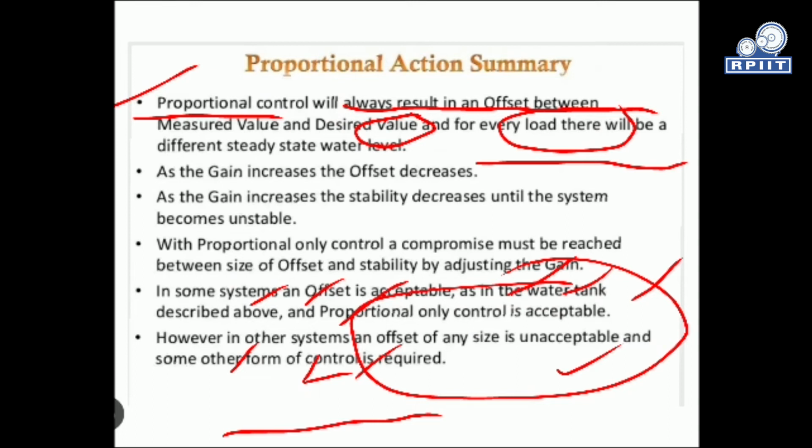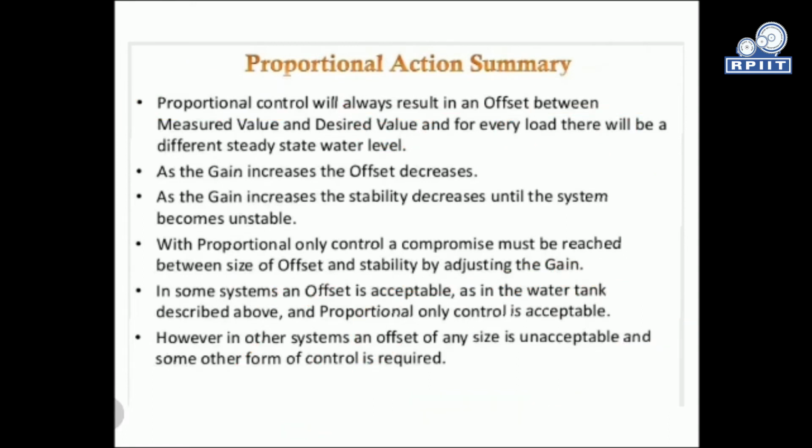Now, briefly about our proportional controller: proportional control will always result in an offset between the measured value and the desired value, and for every load there will be a different steady state water level.